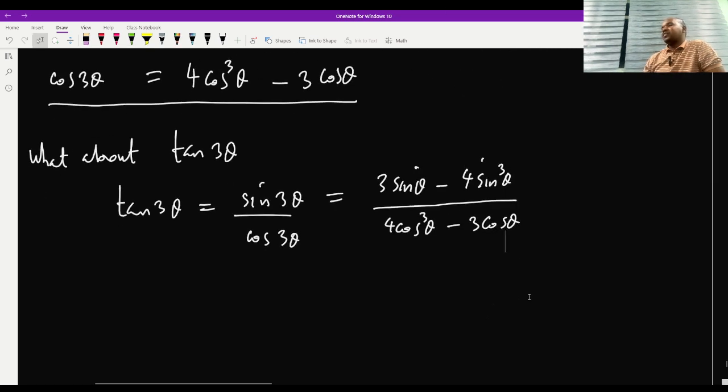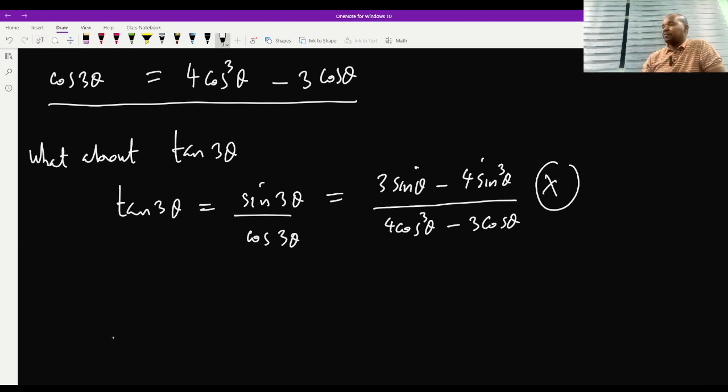So with this expression, you can find a way to manipulate it so that later on we have an expression which is somehow promising. I would not prefer this expression, but what about expressing tan 3 theta in terms of tan theta?